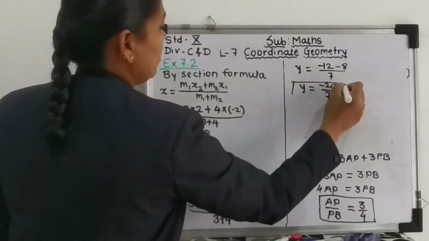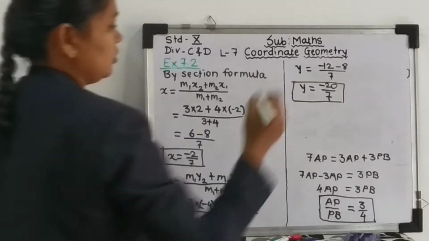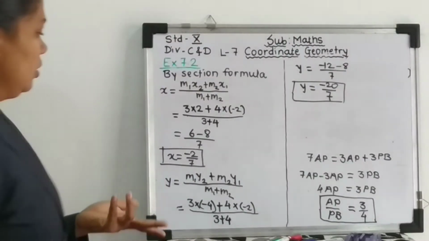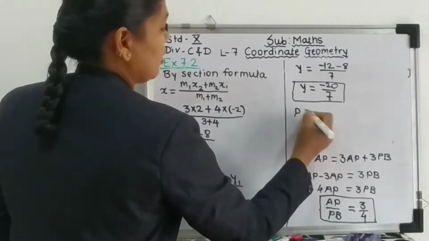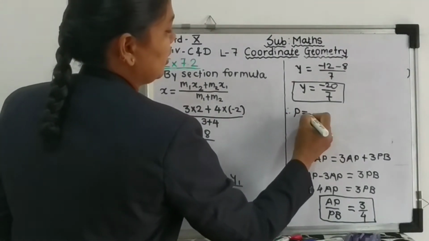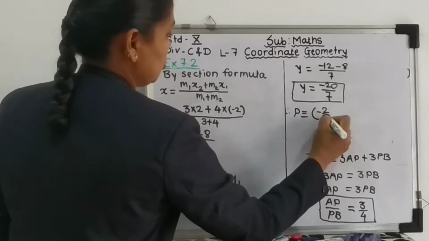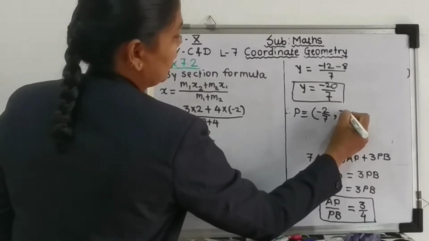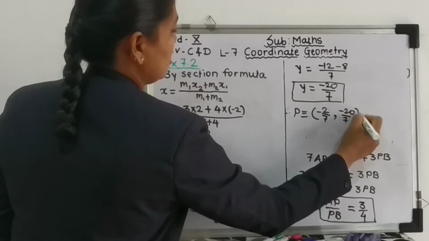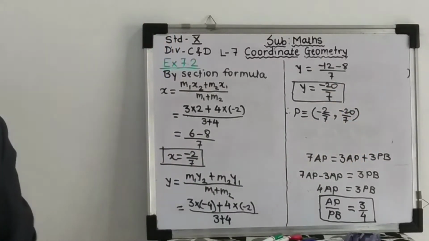Is it divisible by any number? No, not at all. So P coordinates are what? Therefore P equals, x coordinate we will write first, minus 2 by 7, and y coordinate is minus 20 by 7. So these are the P coordinates which we have got, right?